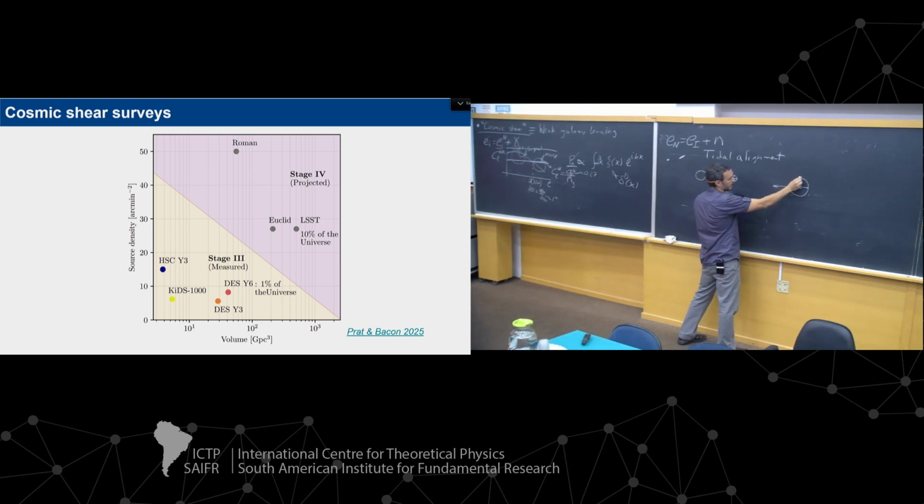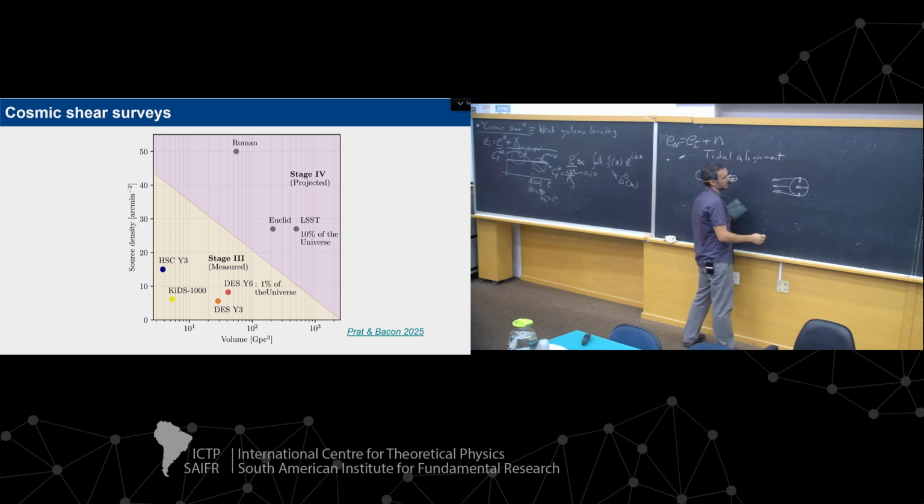Then in the transverse directions, if we're close to this object, you'll have a force that points in this direction, and a force that points in this direction. There will be a perpendicular component of this force that tends to squash the galaxy in this direction.